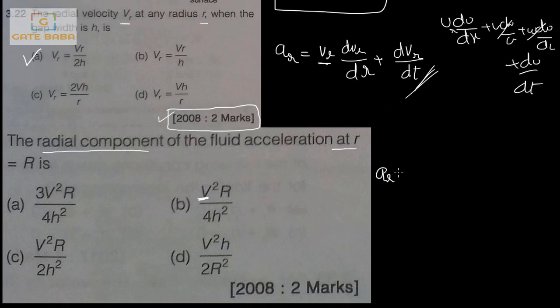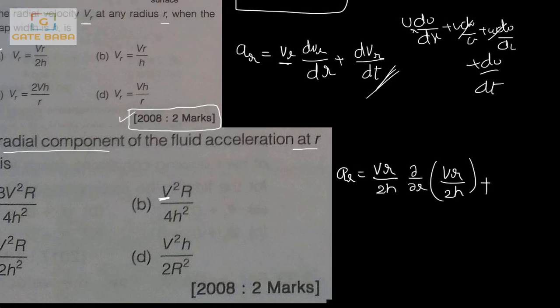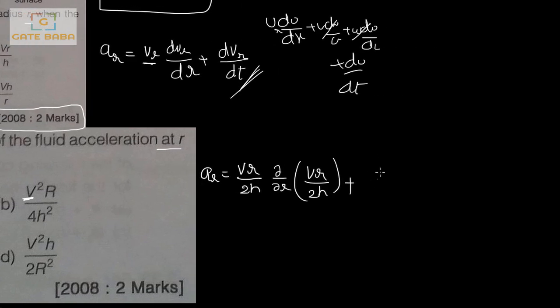So ar equals Vr, which is VR by 2h, times d by dr of Vr, what is Vr? VR divided by 2h, plus dVr by dt, the time component, the unsteady local acceleration component, that is dou Vr by dou t of VR divided by 2h.